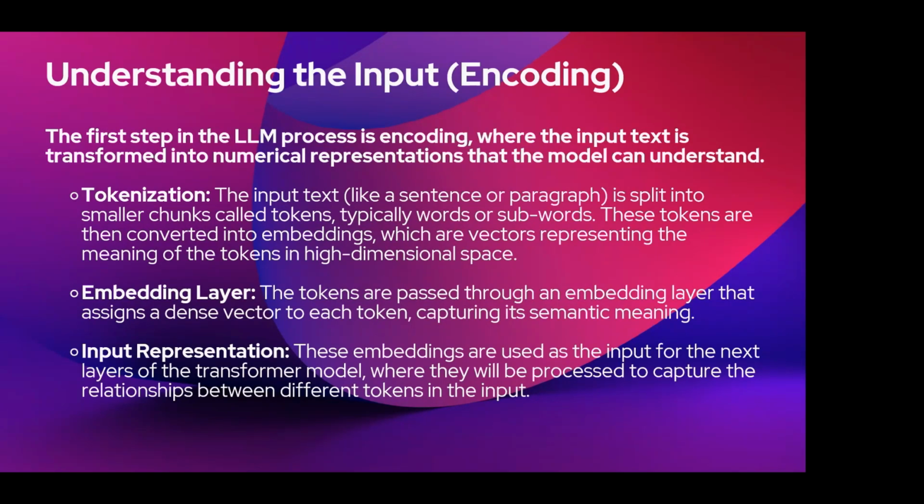The embeddings, that is the output of the previous layer, are used as input here, which is a place where the relationships between tokens are analyzed. So it will first understand its meaning and then relate it with the other fellow tokens. So this is the first part, the encoding.